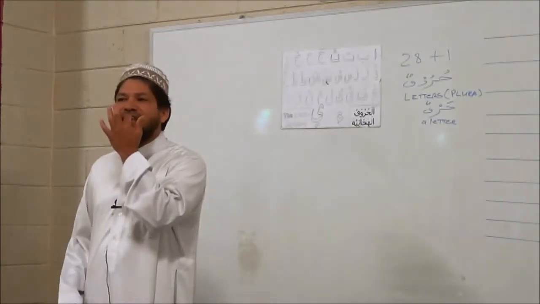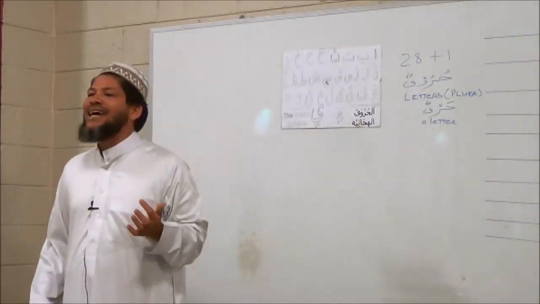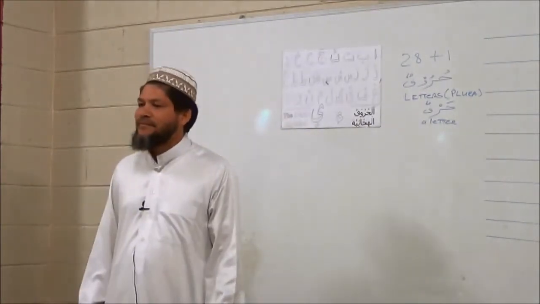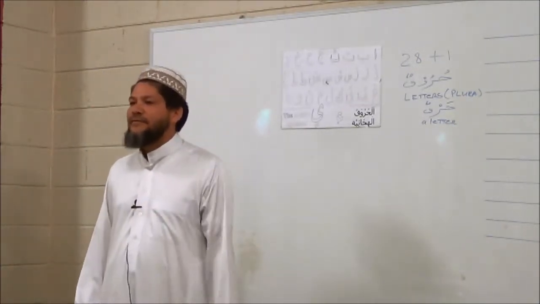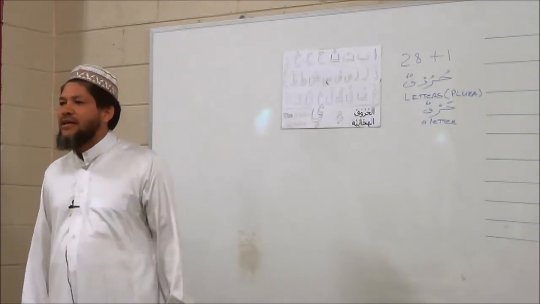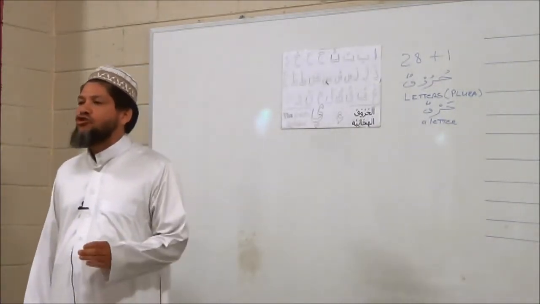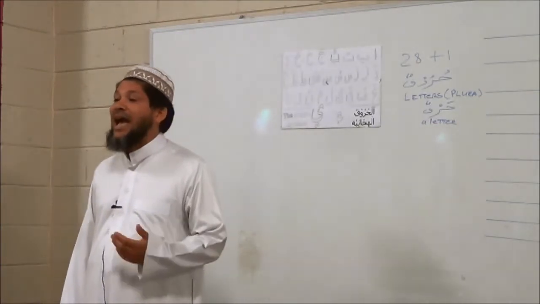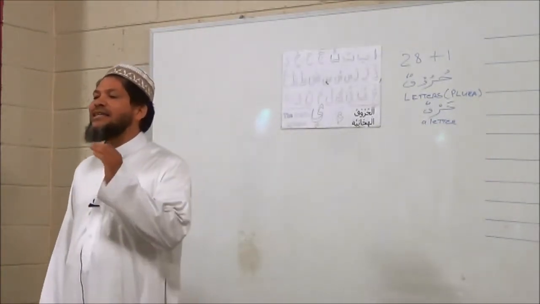Remember? Upper teeth, gums meeting here, round about here. Dal. Alif. Ba. Ta. Fa. Jim. Ha. Kha. Dal.